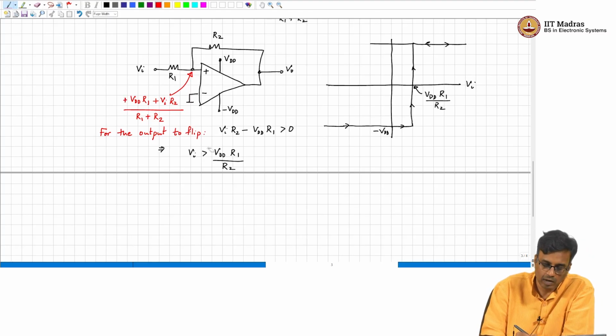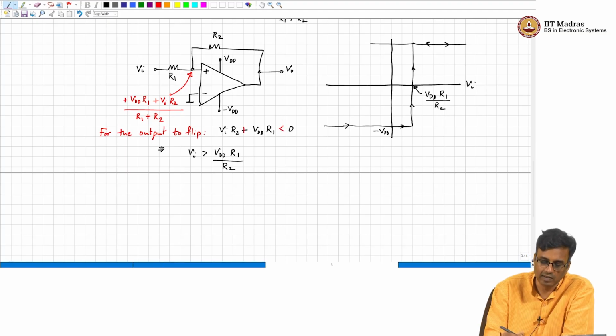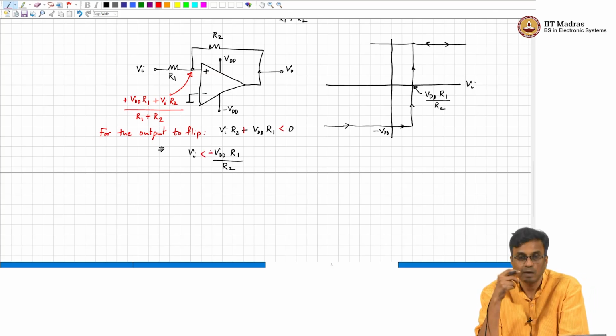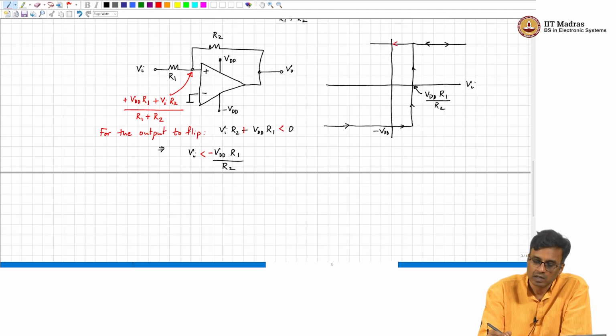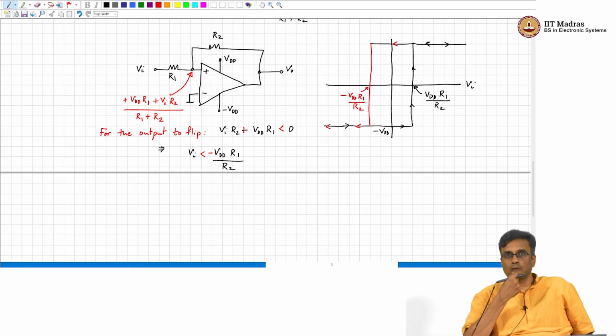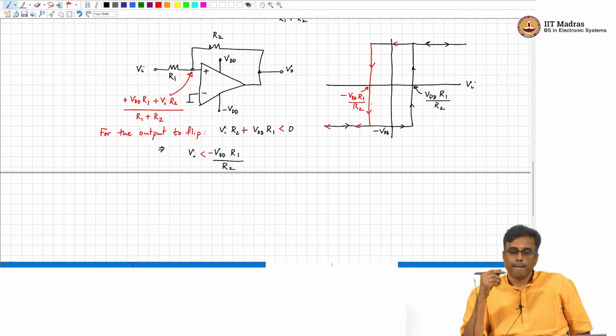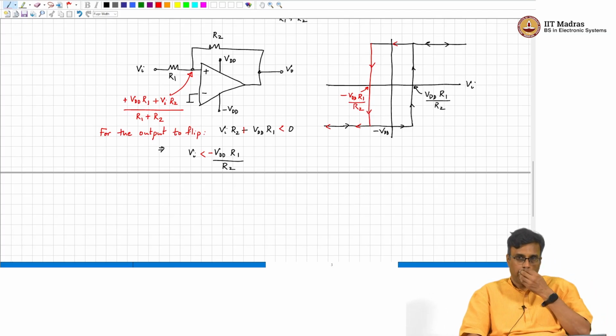So this plus VDD must be less than 0, or Vi must be less than minus VDD times R1 by R2. Does it make sense?